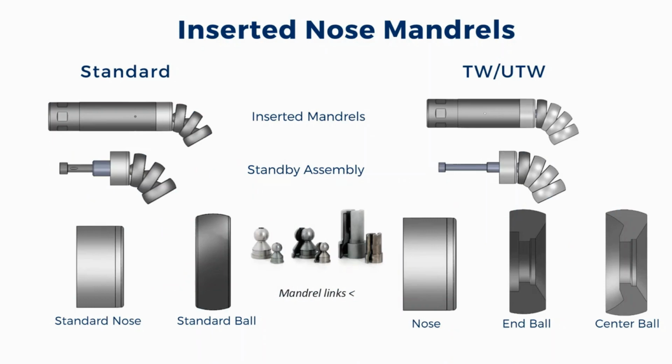The inserted nose mandrels also provide the option of buying a complete assembly, individual components, or a standby assembly that includes the nose, and all you have to do is remove the cap head screw from inside the shank body, remove your old standby assembly, and install a new one.